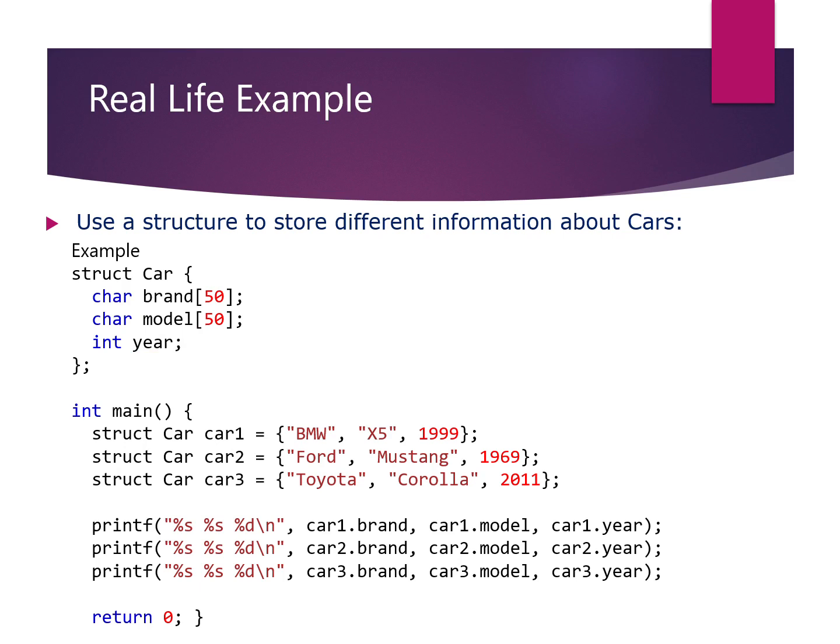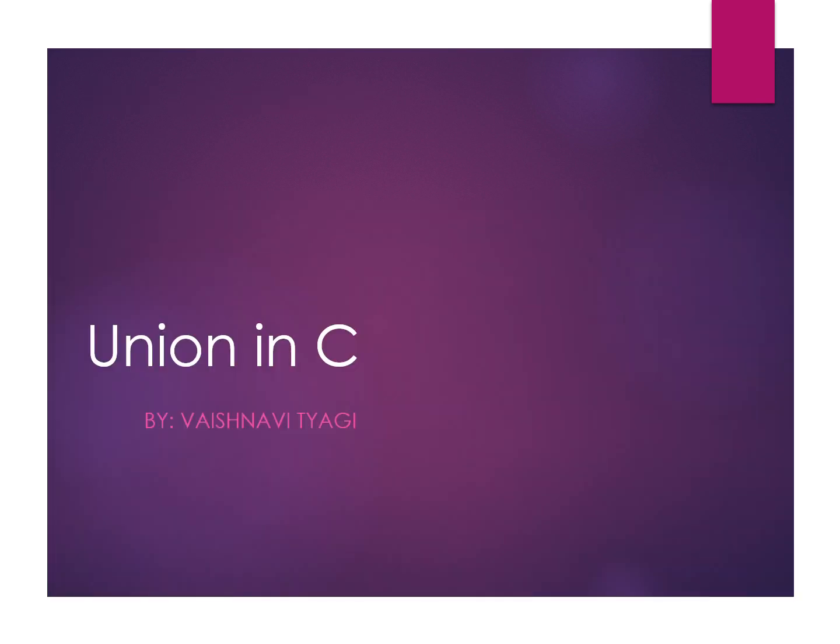So here I created car1, car2, and car3. All three variables had a different name and different values. We created three instances, passed these values into them, and then printed those out. You can see that three objects were created of the same structure, and we accessed them through the members and displayed those. So that was all for structure.